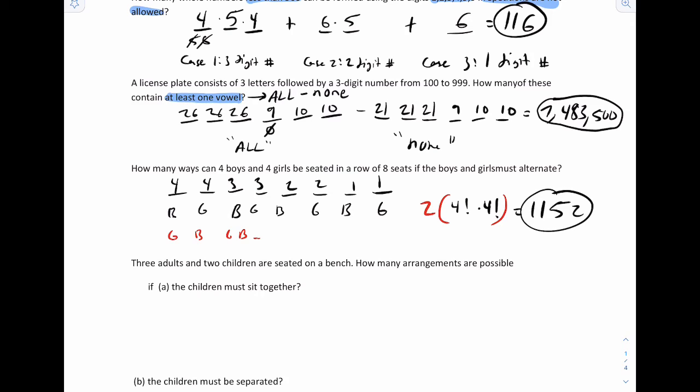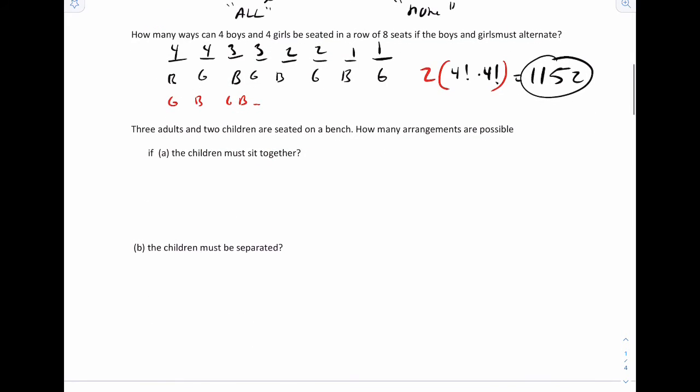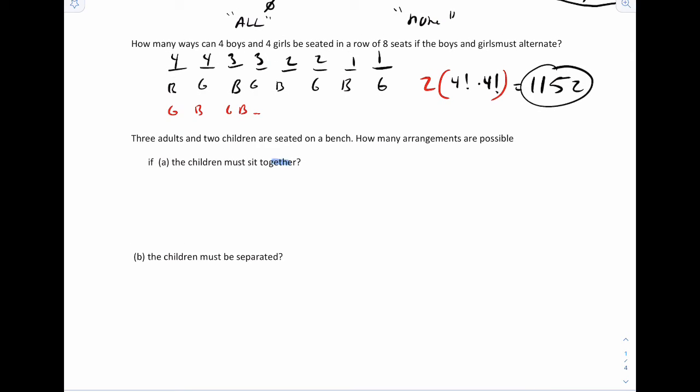Now here's our last example, we'll do it together. 3 adults and 2 children are seated on a bench. How many arrangements are possible? If A, the children must sit together. So if the children must sit together, we're going to do our one-person technique. So these 2 children are going to be one person.